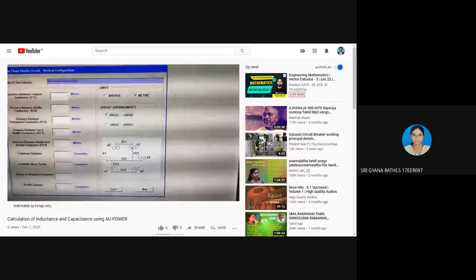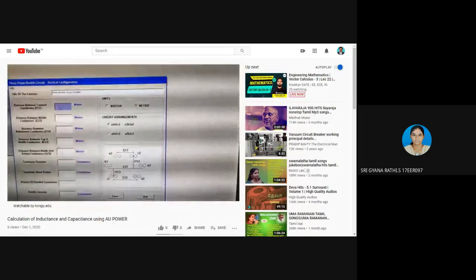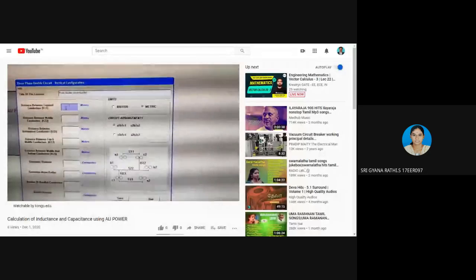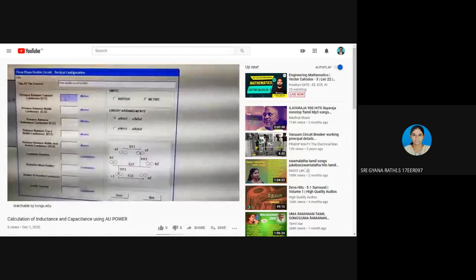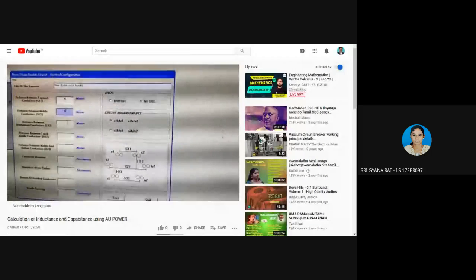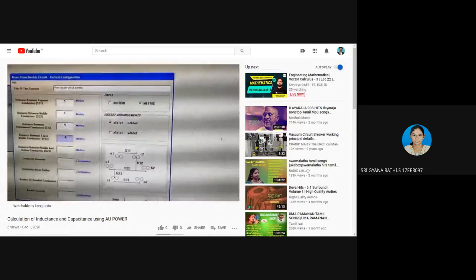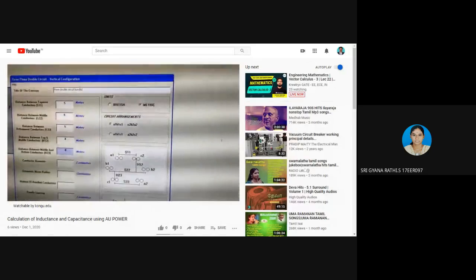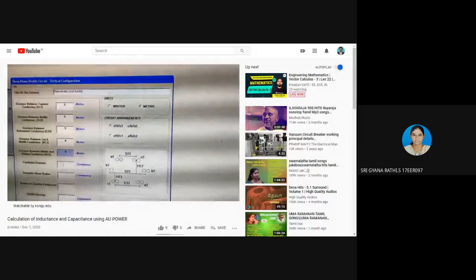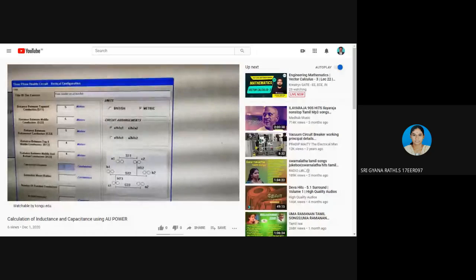Here also the distances are not going to change because we are using the same data. Only difference is that instead of a solid conductor we are going to use bundled conductors. So 5, 6, 5, 4, vertical between top and bottom, middle and bottom. Conductor diameter is 1.8 and geometric mean radius.